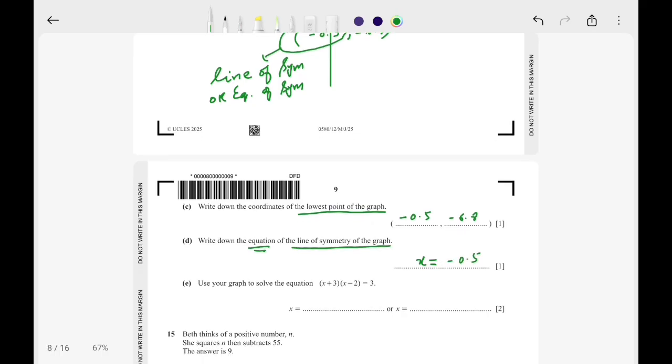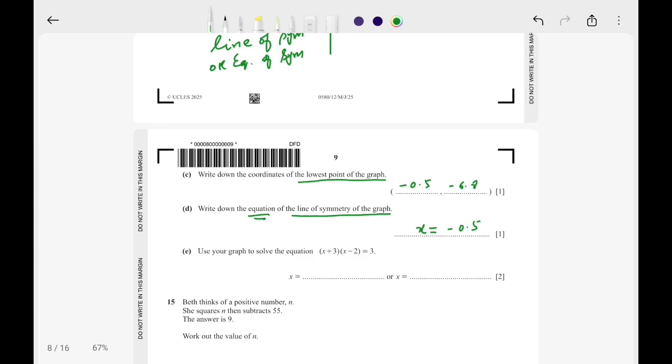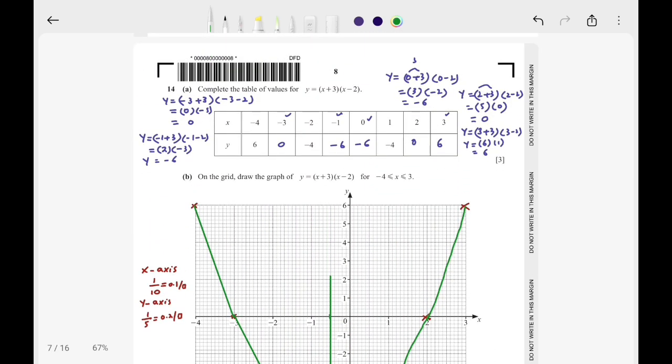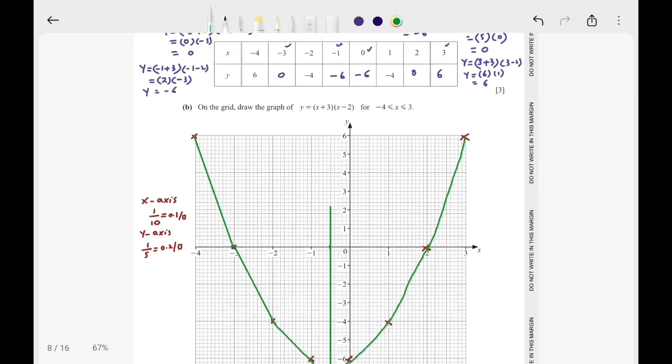Now the last part, use your graph to solve the equation (x + 3)(x - 2) = 3. Just compare this with the original one, and the original one is (x + 3)(x - 2).